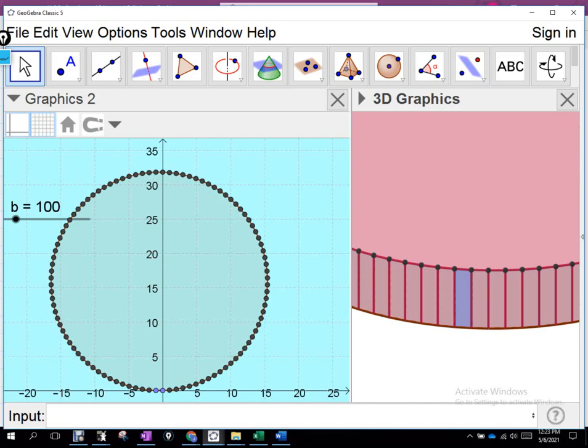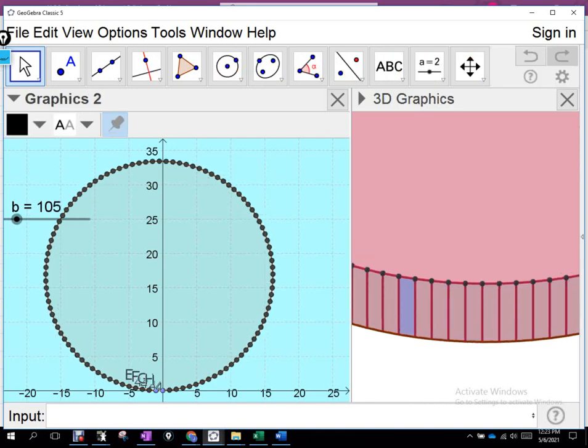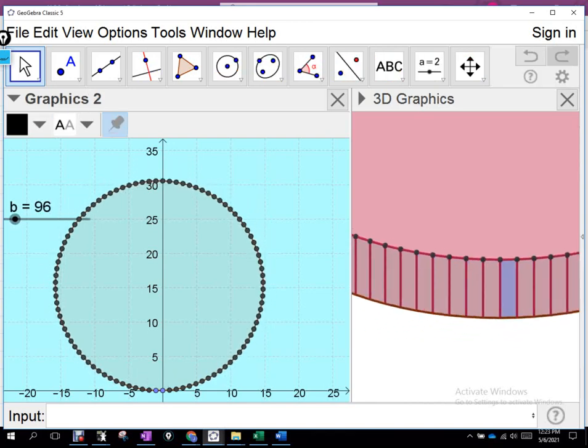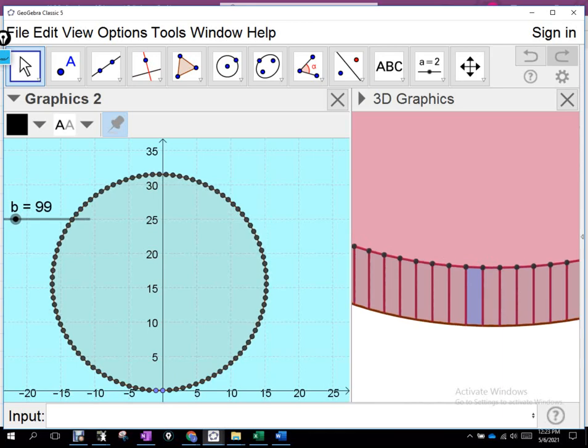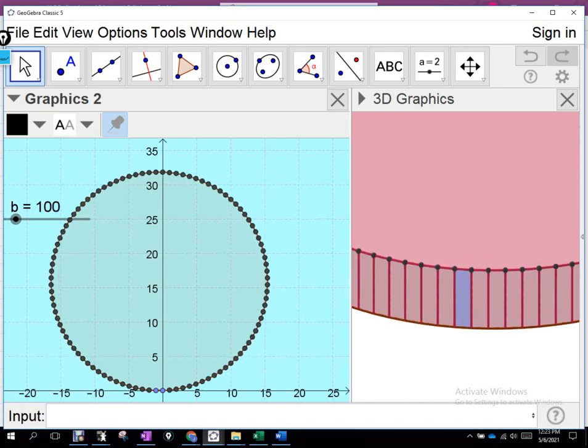But the transition from being a rectangular prism to being a cylinder is a very, very small transition, meaning that if right now at 100, or let's put it back to 99, let's say at 99, this is still considered a rectangular prism. But at 100, if 100 is infinity, now this is a cylinder.